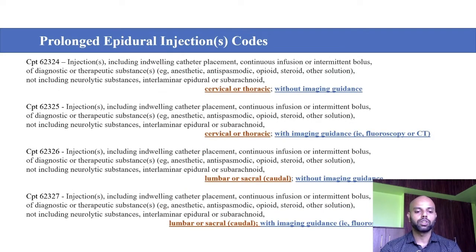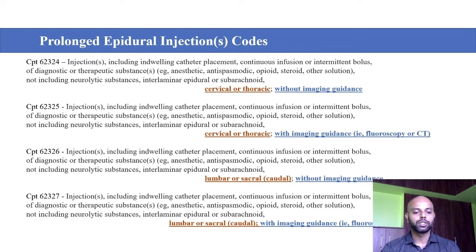Another 4 codes are 62324, for injections including indwelling catheter placement, continuous infusion or intermittent bolus of diagnostic or therapeutic substances like anesthetic or steroids, not including neurolytic substances, interlaminar epidural or subarachnoid, cervical or thoracic without imaging guidance.